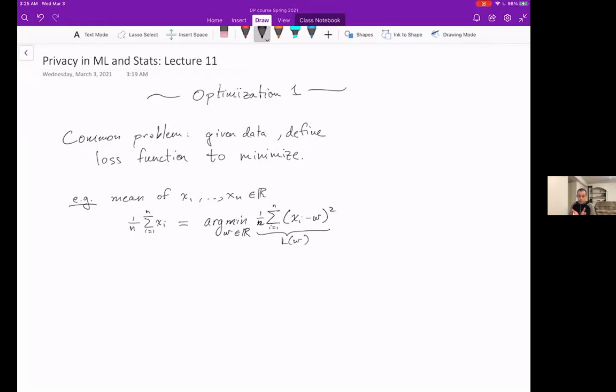And because L itself is differentiable and increases to infinity as you go away from the mean in either direction, there's only one place where the derivative can be 0, and so that place has to be a minimizer.